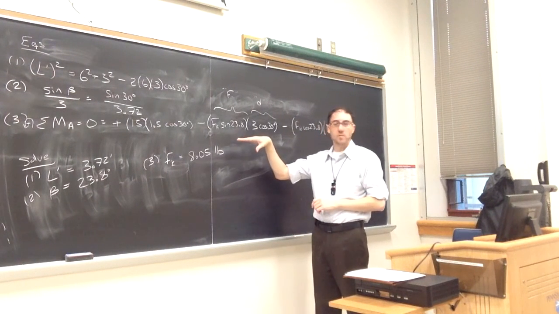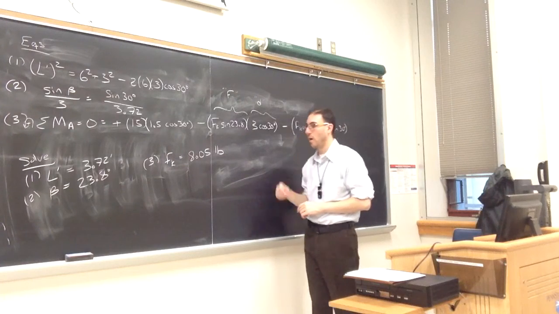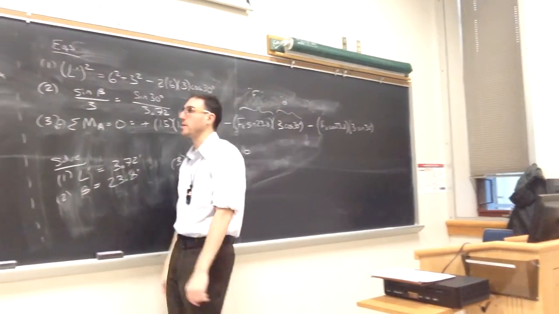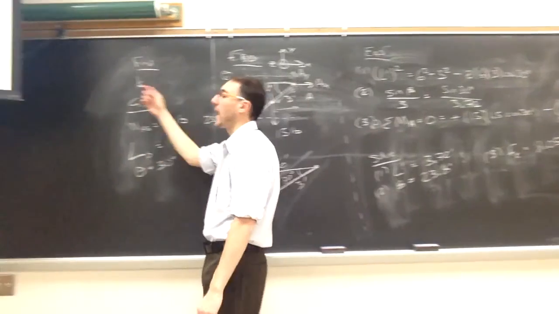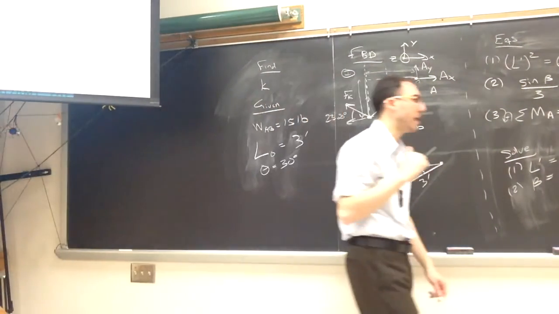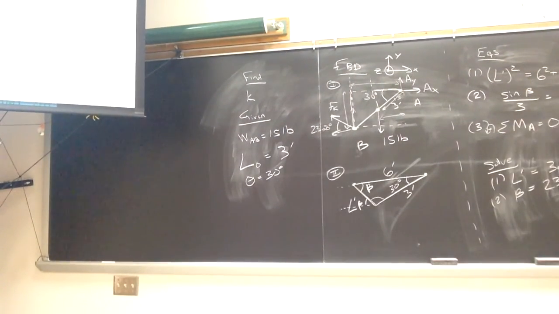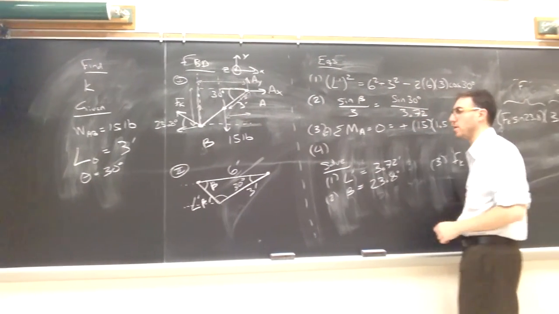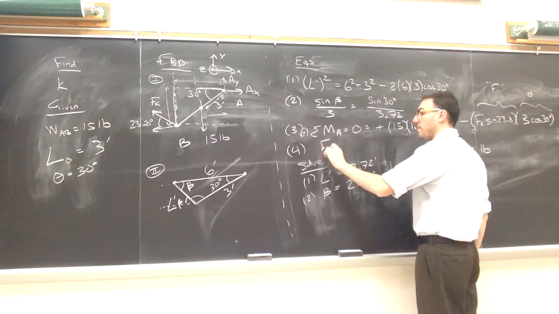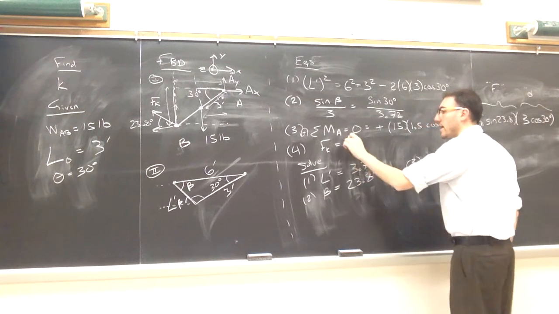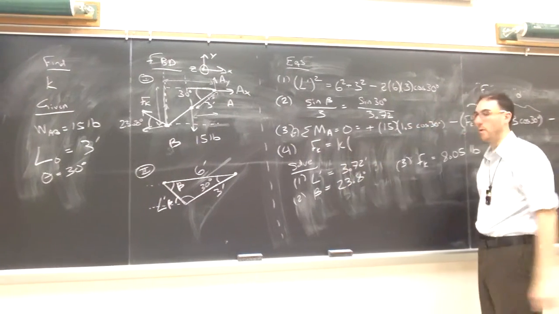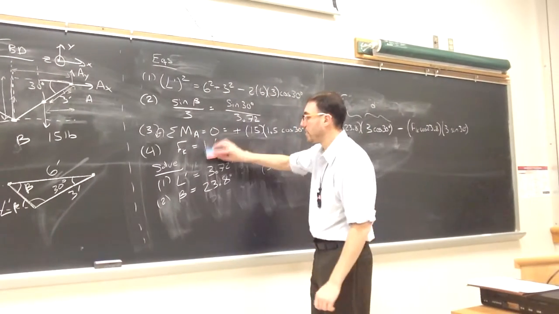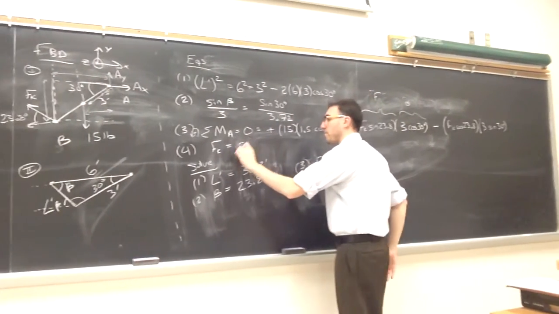For the purposes of this problem, I will solve for Ax and Ay, but actually to answer the question, what is the value of K, do we need to know Ax and Ay? Right, we can jump to Hooke's law right now. We know that the force in the spring is its spring constant, which we don't know, times its change in length. Because I know the value of Fk, that's 8.05.